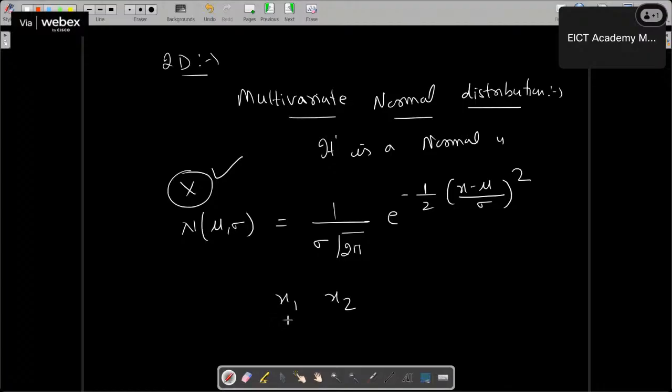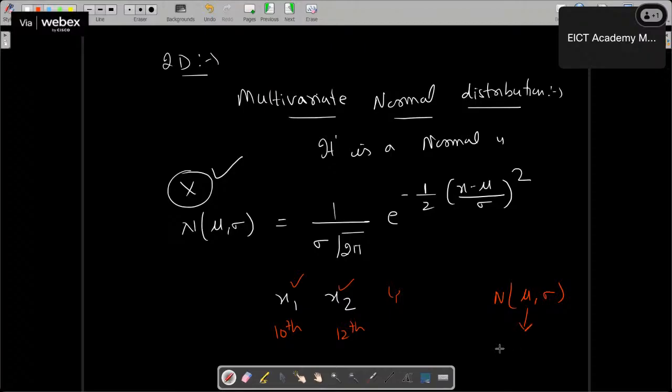Let's say x1 is marks in the 10th standard, x2 is marks in the 12th standard, and y is the output, the salary package in placement. Both x1 and x2 come from two different Gaussian distributions, correct?